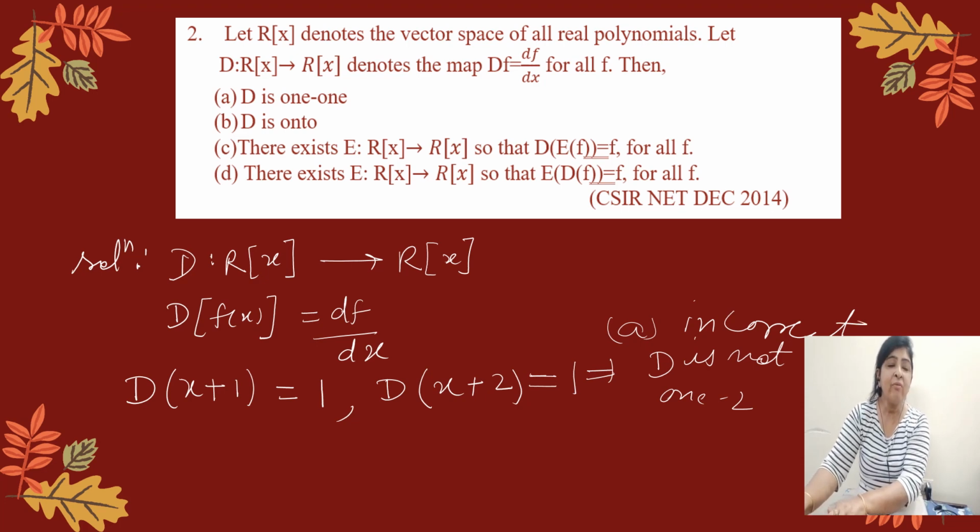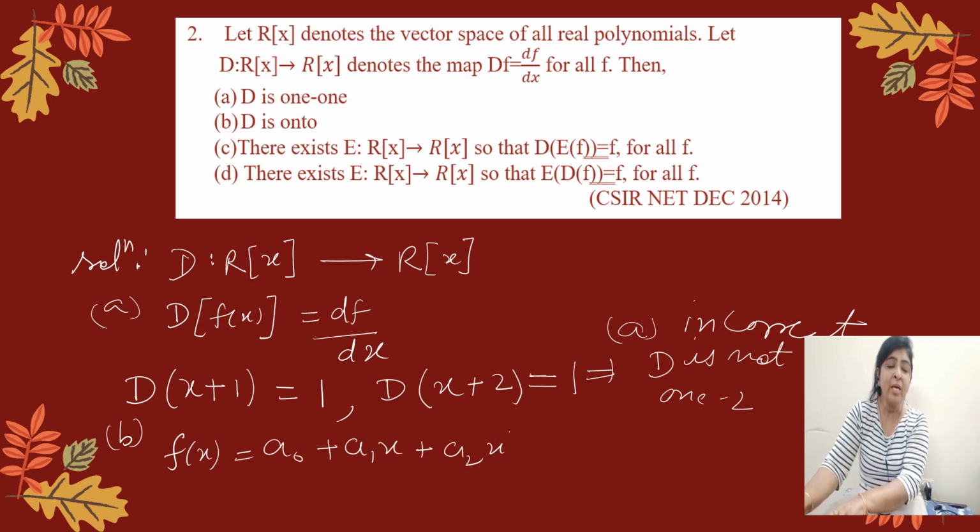Next you have, D is onto. So how to prove D is onto? What is our domain? The domain is R[x], the set of real polynomials. So we assume one real polynomial f(x) as a0 plus a1x plus a2x square and so on.